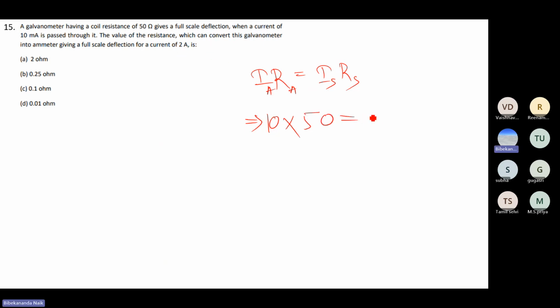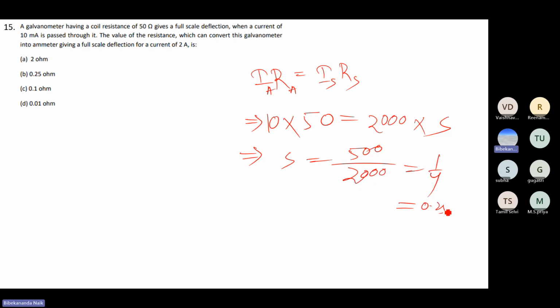Now since 2 ampere is 2000 milliampere, you can put 2000 into the shunt resistance S. So if you calculate, S will be 500 divided by 2000, 1 by 4, that is 0.25 ohm. So if you connect a shunt resistance of 0.25 ohm, then the galvanometer will give a full scale deflection for a current of 2 ampere.